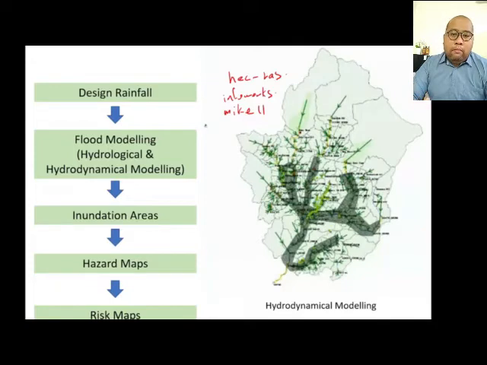So it depends on you guys which one you want to use. After you do the hydrodynamic modeling, you can know the inundation areas, and after that you are able to produce the hazard maps, and lastly you are able to produce the risk map.